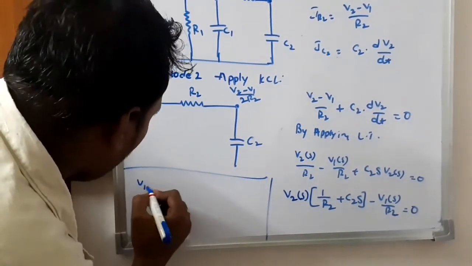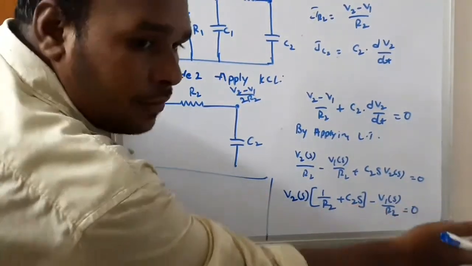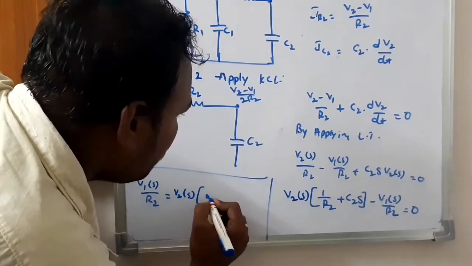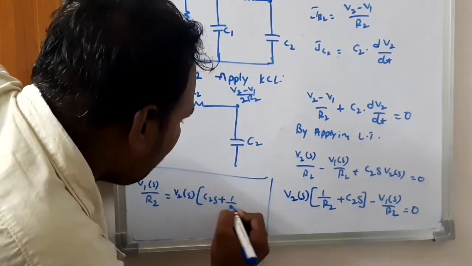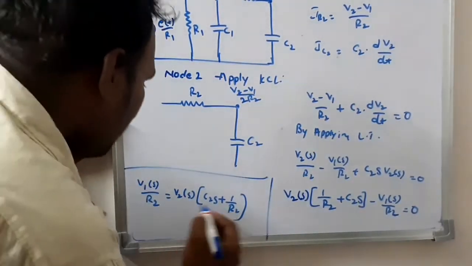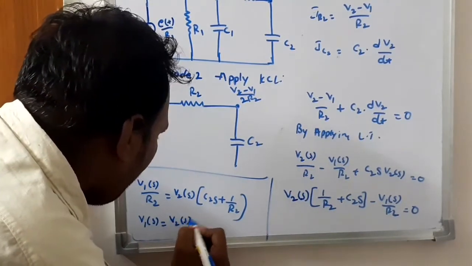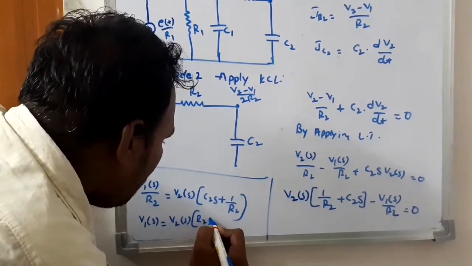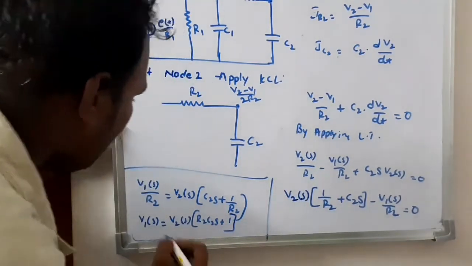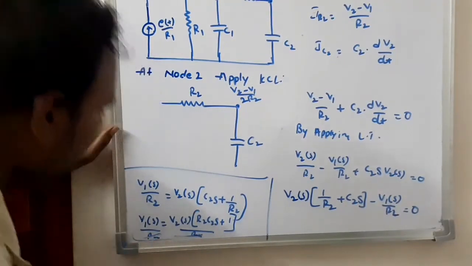V1(s)/R2 is equal to, we send this minus term to that side, V2(s) into (C2s + 1/R2). Take LCM: V1(s) is equal to V2(s) into (R2C2s + 1)/R2, and R2 gets cancelled.